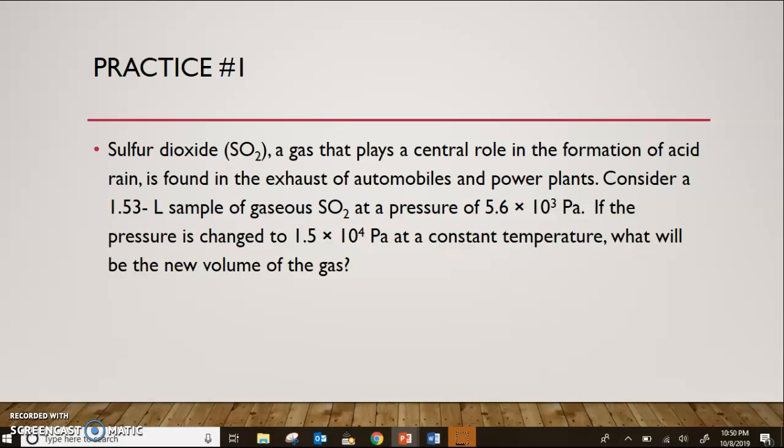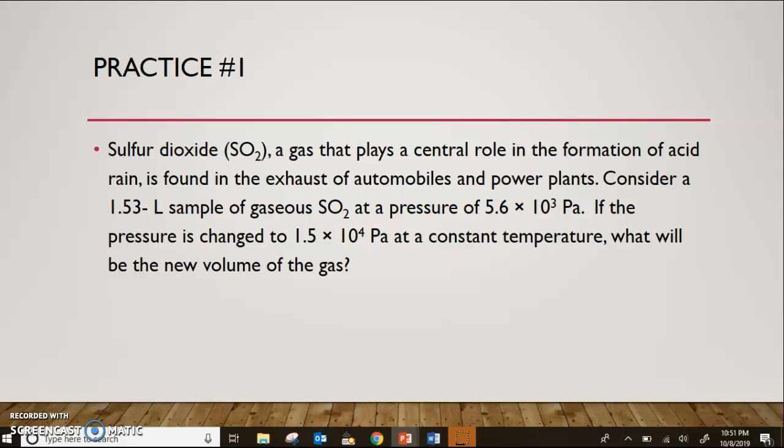So practice number 1, I'll give you a second and allow you to practice it. I want to make sure we get through all of these laws, so I'll have you practice it and then check with a neighbor. We are not going to go through it right now. I will say this, however: as you're reading through a question, I want you to sort of dictate or annotate the question before you plug anything into an equation.